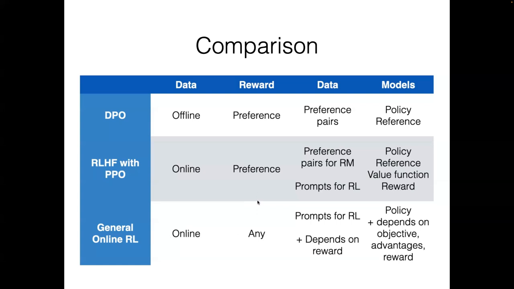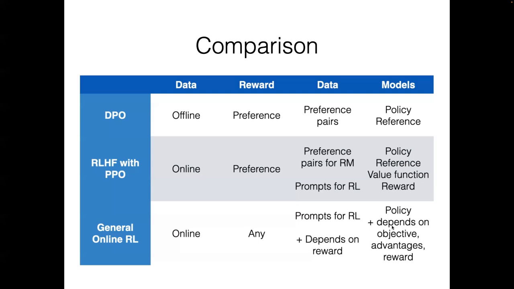Sometimes you don't have a preference reward and you're trying to solve math problems, so you don't even need to train a reward model. Sometimes you could come up with ways to not have to use a value function, like with GRPO. So there's flexibility here.